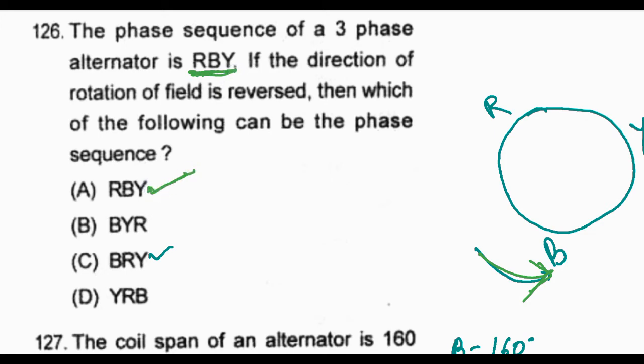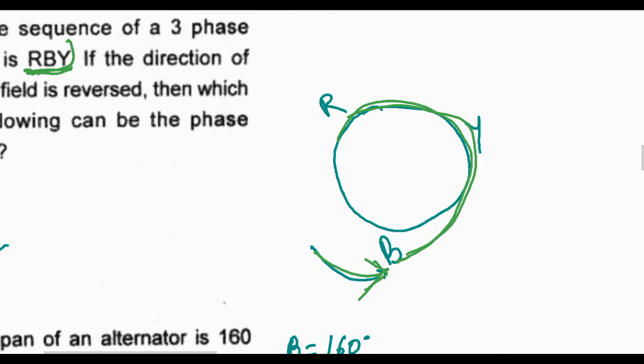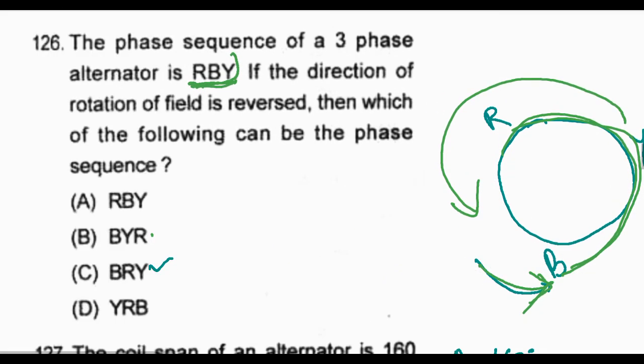BYR, the sequence is the same. And option D is given as YRB, where the sequence is still the same. So option C is the correct answer, that is BRY, this is the reversed direction.